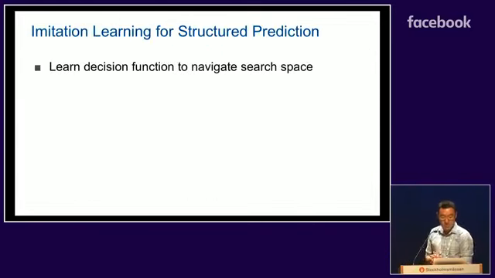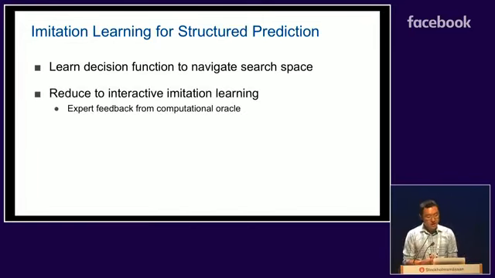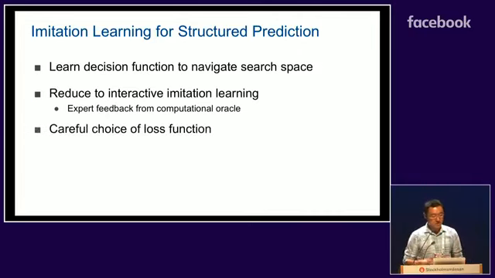Okay, so just to summarize, what I presented to you in this part is applying imitation learning to structure prediction problems. And the key idea is that we want to learn the decision function or the inference function to navigate some search space. This reduces to interactive imitation learning, where we get expert feedback from some computational oracle derived from the supervised structure prediction labels.